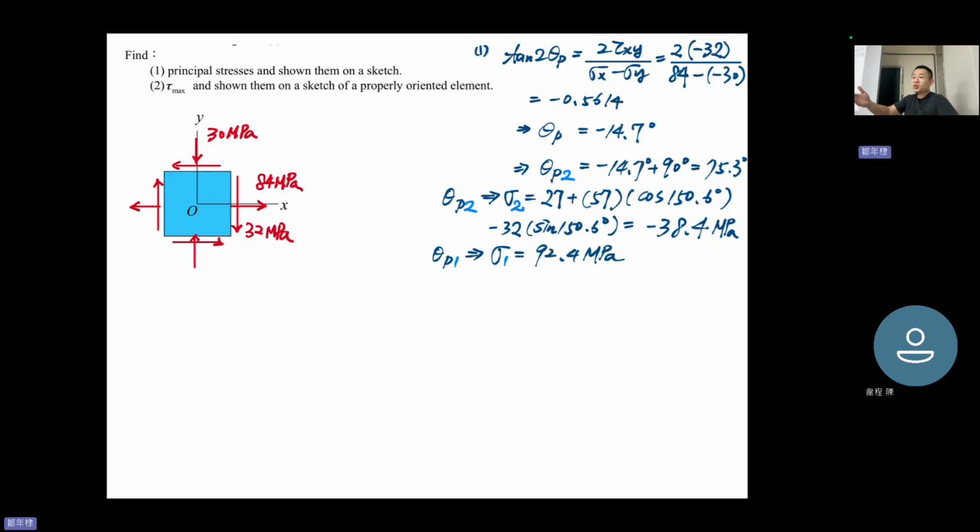Use what kind of formulation? If we obtain this one, how can we obtain the other quickly? Remember the stress has some properties. Sorry? It's not related to shear stress. It's related to normal stress.